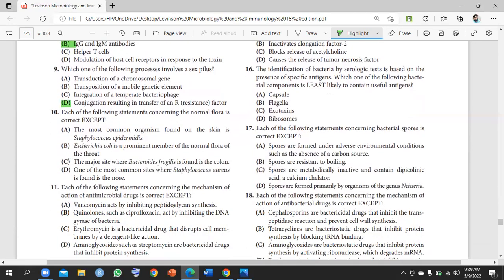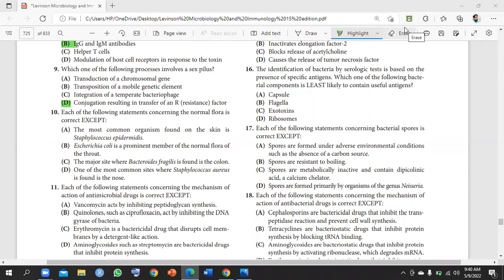Now, question 10 is: each of the following statements concerning the normal flora is correct except. Now, this question is about the normal flora. So, you have to know about the normal flora, okay? The most common organism found on the skin is Staphylococcus epidermidis.